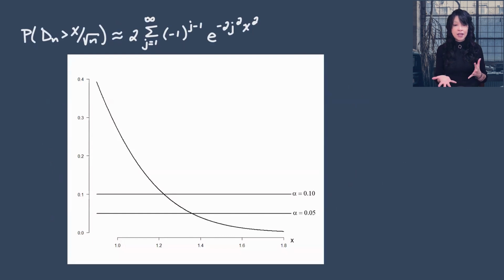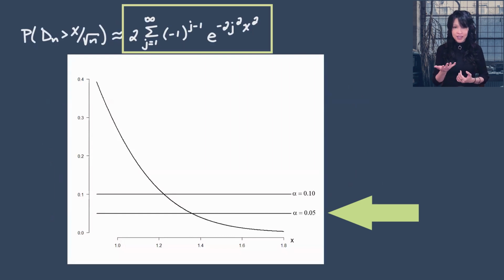Just for fun, I threw a couple of values of alpha up here, some of the most common values in hypothesis testing, the most common being, I think, alpha equals 0.05. If this curve represents this quantity, and I want this quantity to equal 0.05, then what I'm looking for is the x value right here, which turned out to be around 1.3581.